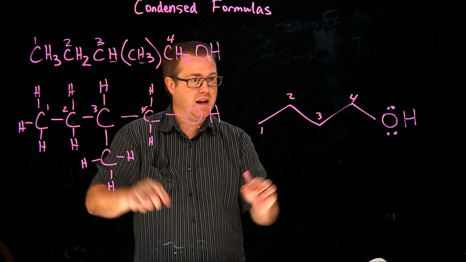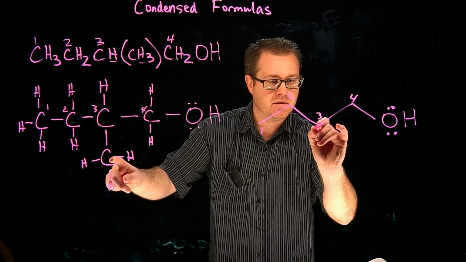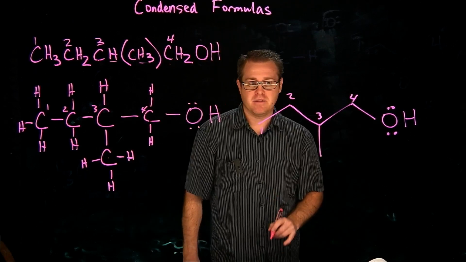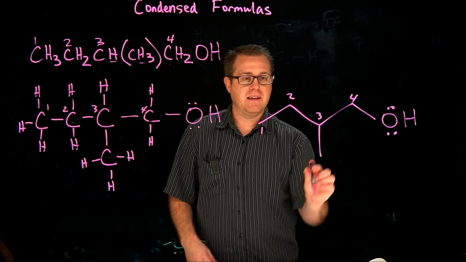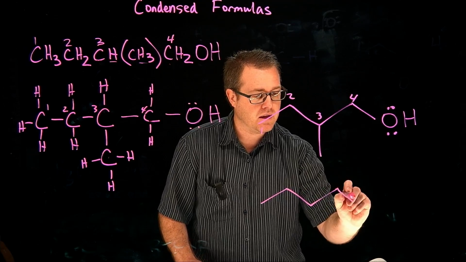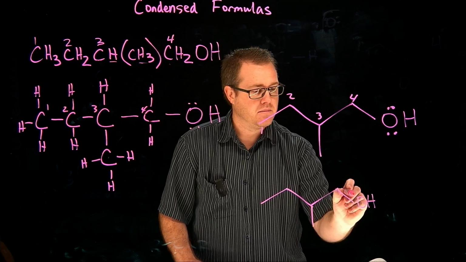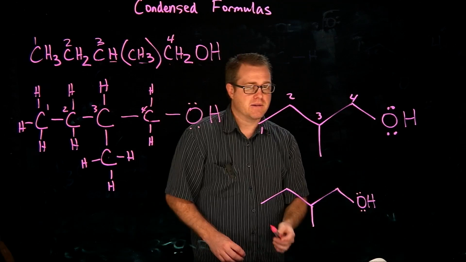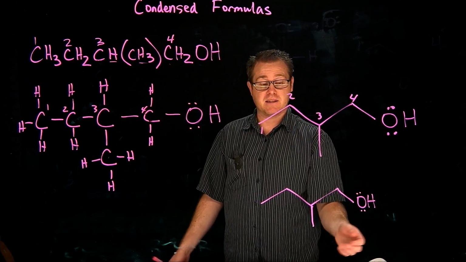And then what do I see? Attached to carbon 3 is a methyl. And how would I represent that methyl? Just by a line. So if we clean that up without the numbers, our zigzag would look like this. Now, some people like to show the lone pairs in their zigzags.